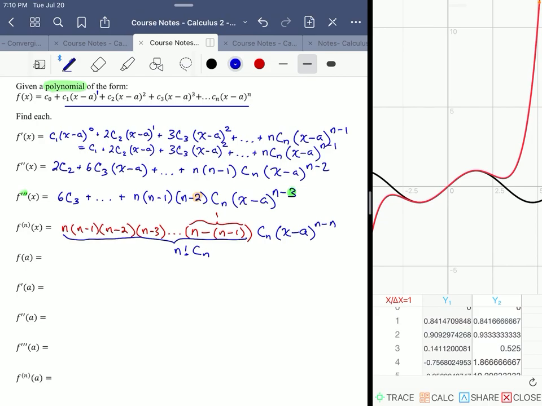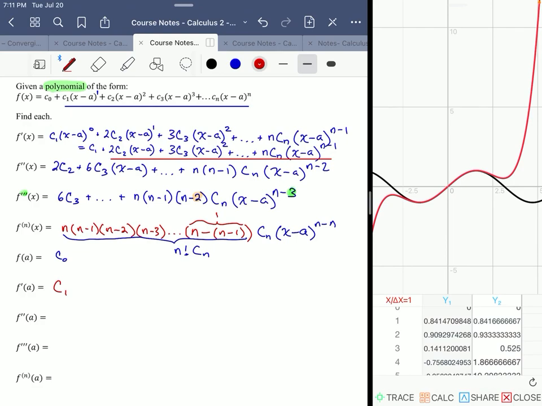So the first entry here would be a c sub 0. The second entry would be what you would get if you plug in an a for each term in f prime of x, which is going to make every one of these go to 0, which means you'd be left with just a c sub 1.